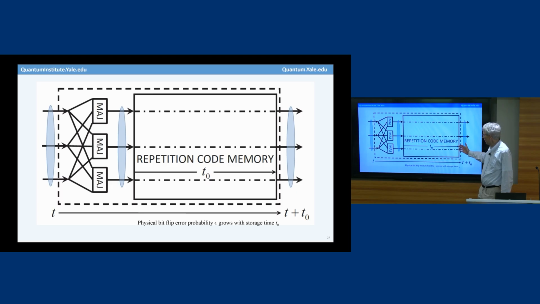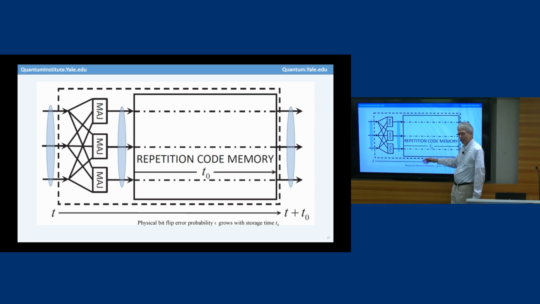So the longer I wait, the more likely there's going to be an uncorrectable error, 2 errors or 3 errors here. So I don't want to wait too long. On the other hand, if I don't wait very long and I keep applying these things and they cause errors, that's not good either.